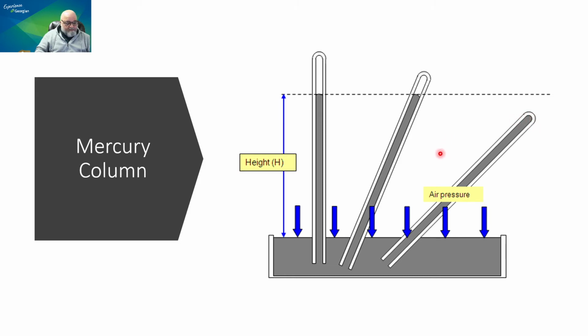Because the pressure of air, of atmosphere, can press that mercury all the way to that line. If you are above that line, there will be vacuum. If you're below that line, there will not be vacuum because the air pressure around us will overcome that.